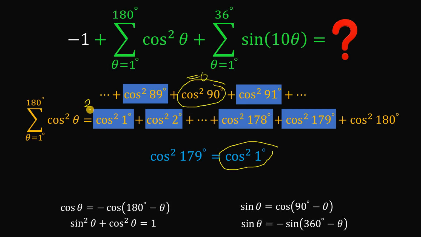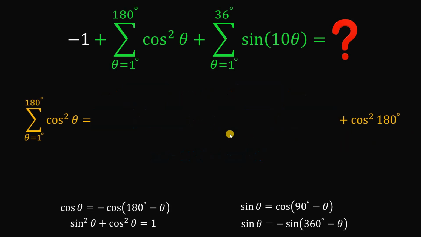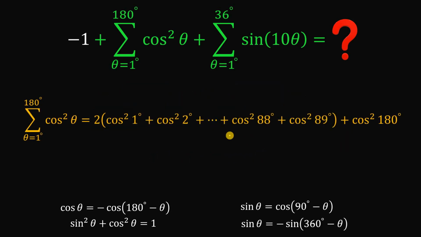So in this series, we have twice cosine squared 1 degree, twice cosine squared 2 degrees, all the way down to twice cosine squared 89 degrees, plus cosine squared 180 degrees. At this point, let's evaluate cosine squared of 180 degrees. We know cosine of 180 is negative 1, so raised to the power of 2, this is just 1.